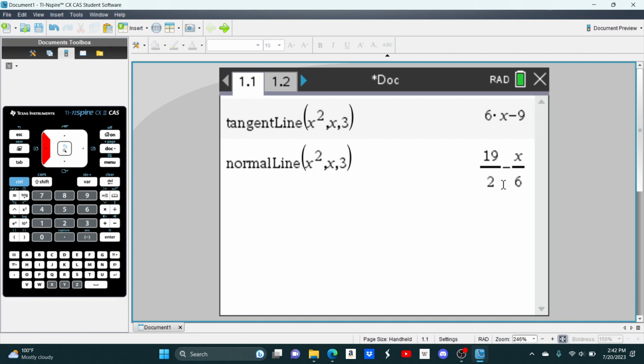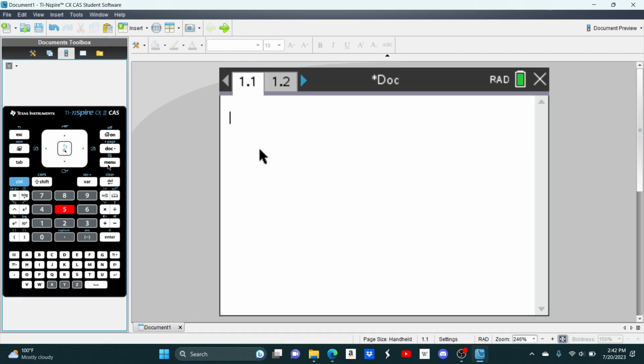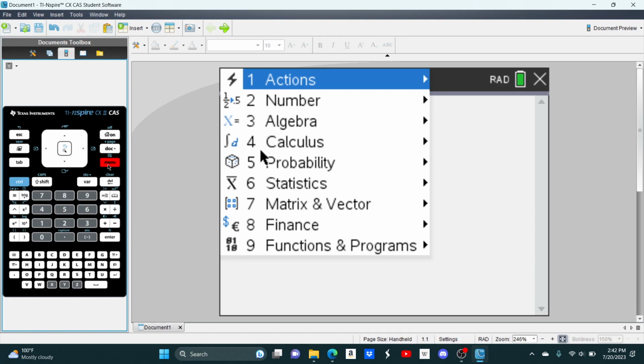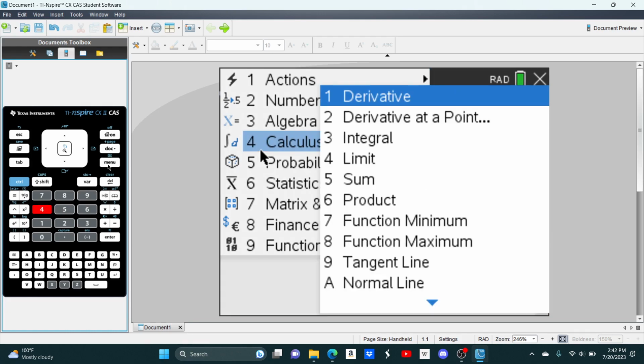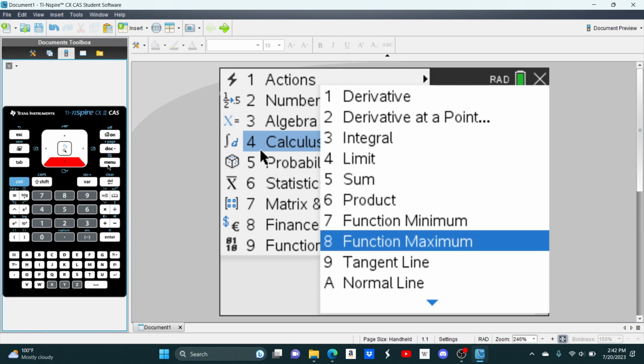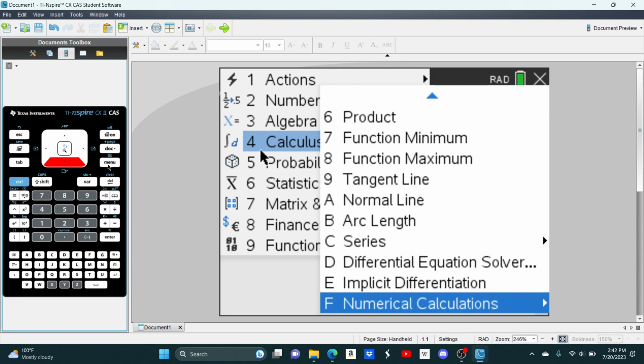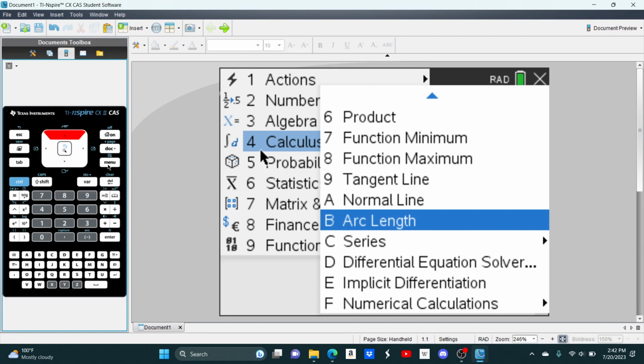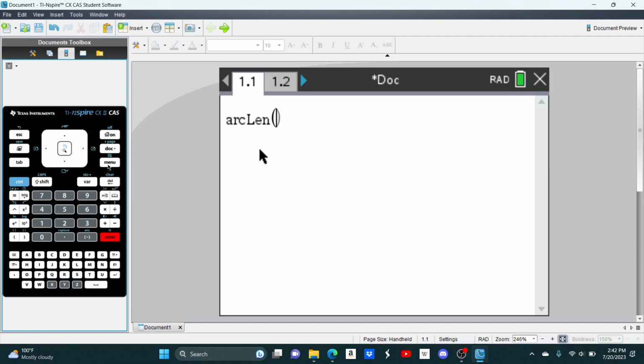The next thing is arc length, and once again, this only works for your basic functions, not relations, not implicit functions. So if you go to calculus, and then we actually have a couple more things down here. B is going to take us to arc length. Let's say we want to find the arc length on y equals x squared from 1 to 5.